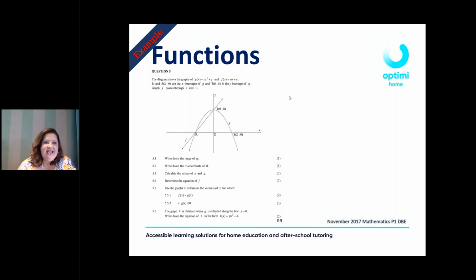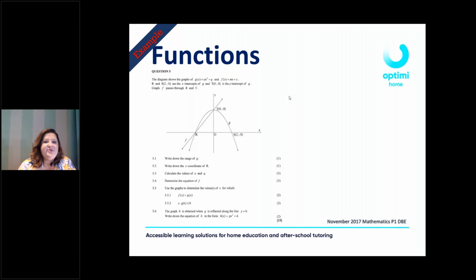R and S are the x-intercepts of g, and we said that x-intercepts are where my graphs cut the x-axis. So go back to the previous webinar if you missed that. T(0; 8), and I can see that that is my y-intercept of g. So already I know my y-intercept is indicated by q, and I actually already have my q value over there.